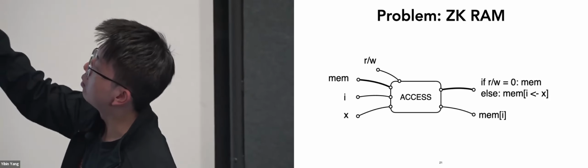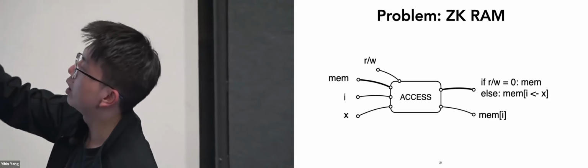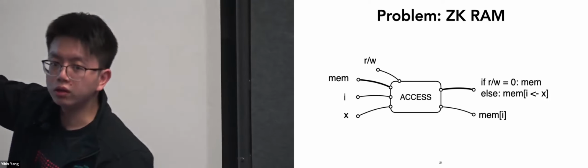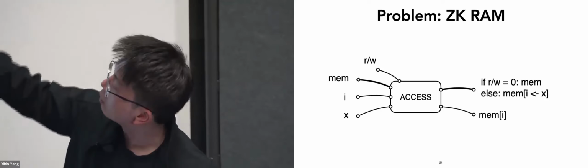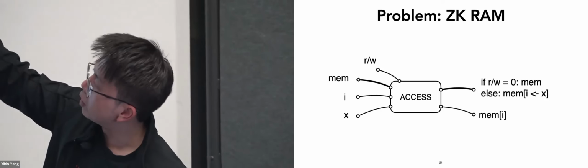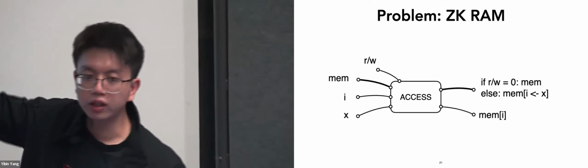Essentially, you want to achieve this semantic: the output of this access gives you the memory at index I. You touch the index line, and this is a readout. If read/write equals 0, it means this is a read. Oh sorry, the other way around. When it is a write, you basically update this memory.